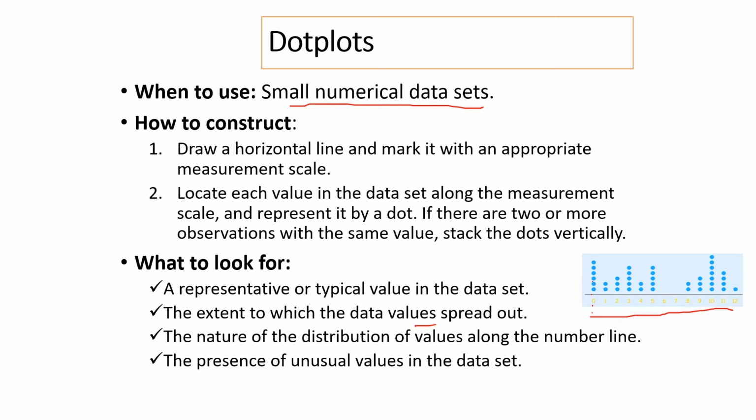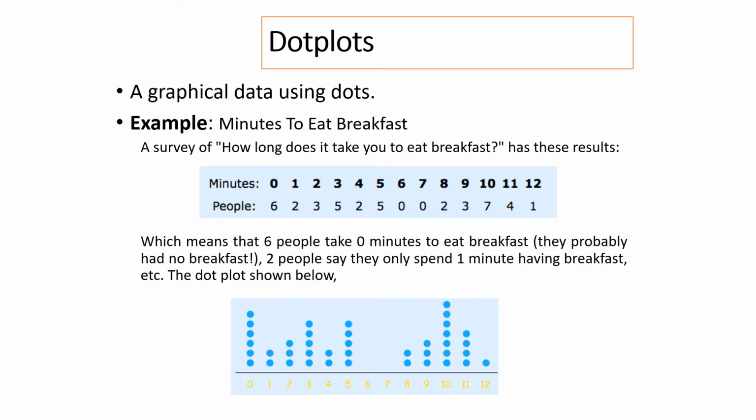You want to see the pattern of the data, where is the most popular, minimum, maximum, also you can see the spread of data, and the nature of distribution, the value along the number line, and the presence of unusual values in the data. So you can see any unusual value or abnormal pattern from the data. So this is an example of one of the graphical methods, using dot plots.